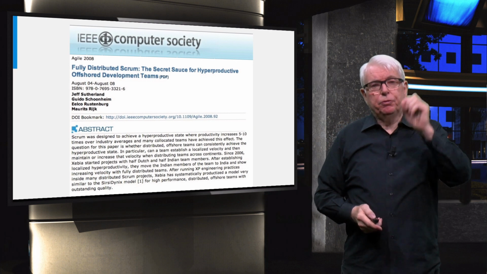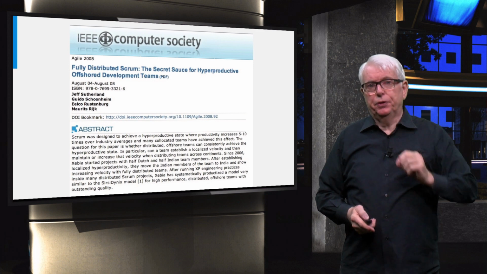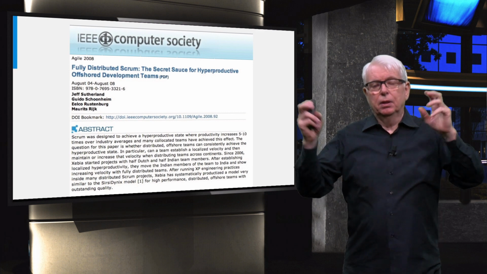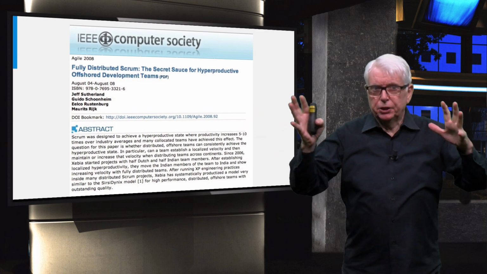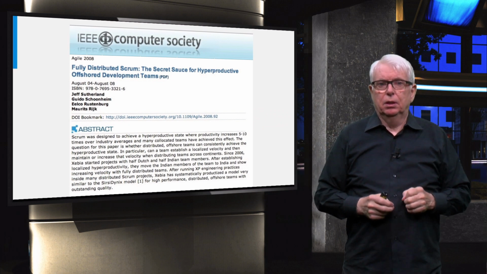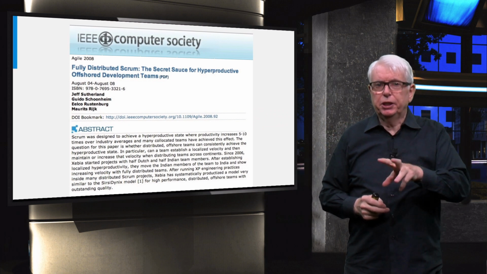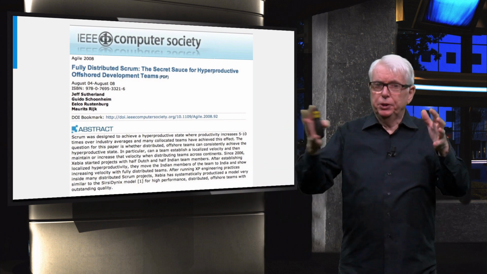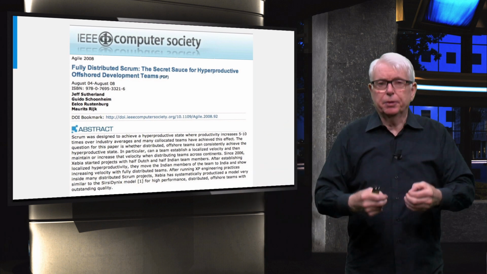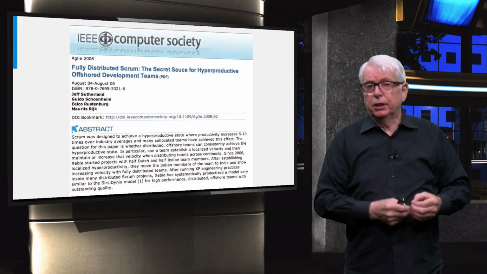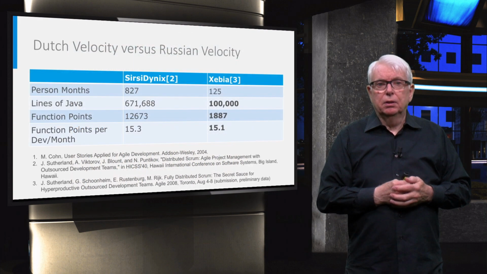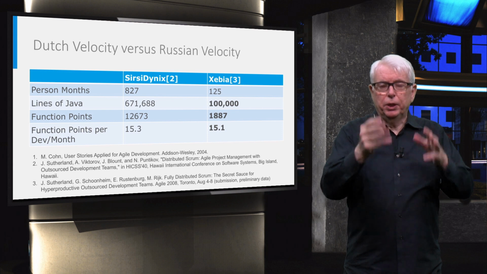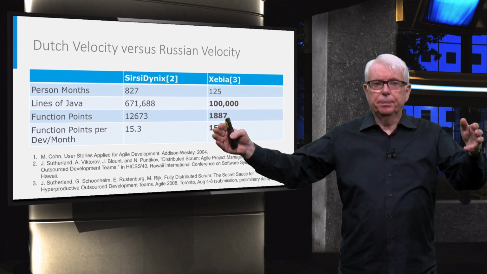We did that, and we found there were some really important things that needed to happen: that the people needed to be brought together initially to work together. In this case, it was a study in Amsterdam where some Dutch developers were brought together with Indian developers in Amsterdam. They established a way of working and a velocity, and only when the Scrum was working well did they distribute it.